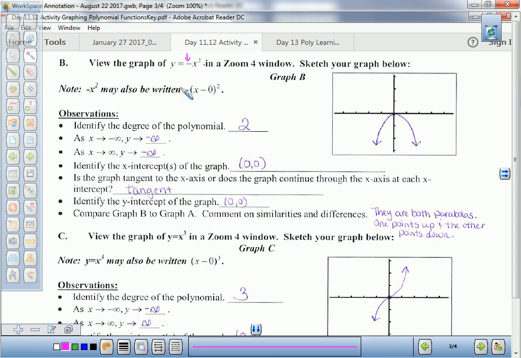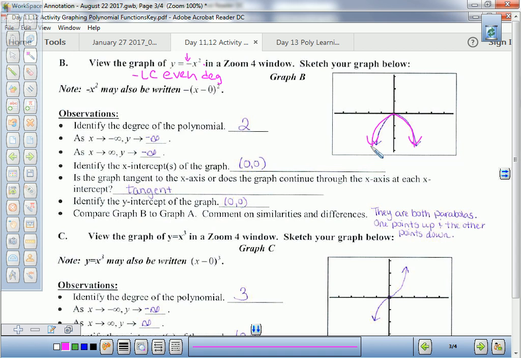And in this case, this negative out in front, when we have a negative leading coefficient and an even degree, our ends of the function fall. It falls to the left and it falls to the right. So if we were to write this using the correct notation, as x approaches negative infinity, so as x goes left forever, the y values approach negative infinity.